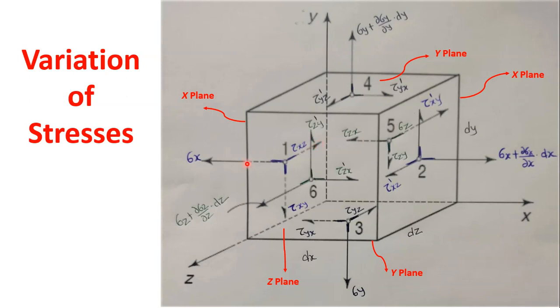Now the size of this parallelepiped is dx, dy, and dz. When we move from the negative x plane, or the left side x plane, through a distance dx, we will reach the second x plane. On this plane the stress acting is sigma x.